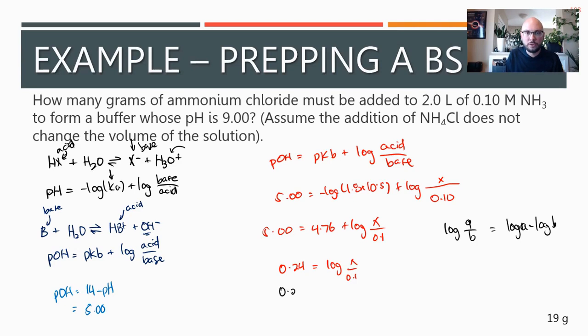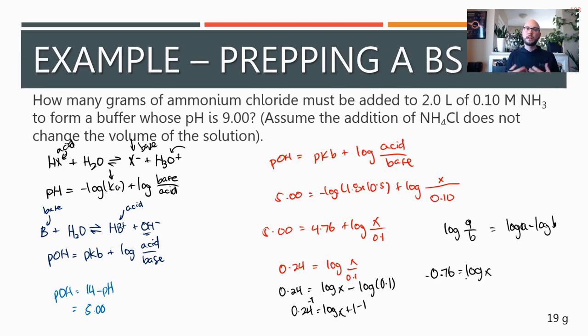We get 0.24 is equal to log X subtract log of 0.1. Log of 0.1 is negative 1, and with that negative, it changes to positive 1. So we get 0.24 is equal to log X plus 1. Subtract 1 from both sides, and we get negative 0.76 is equal to log X.